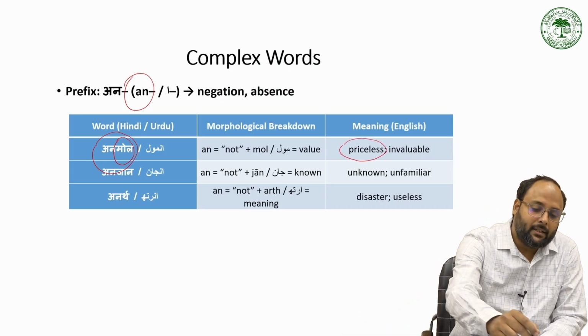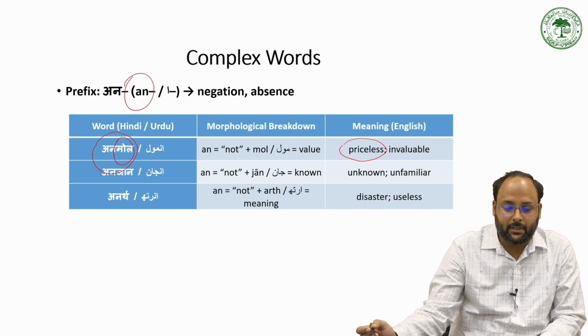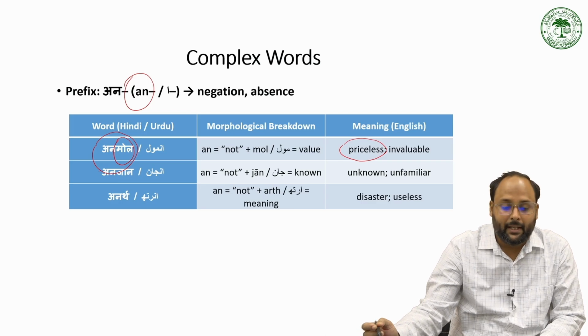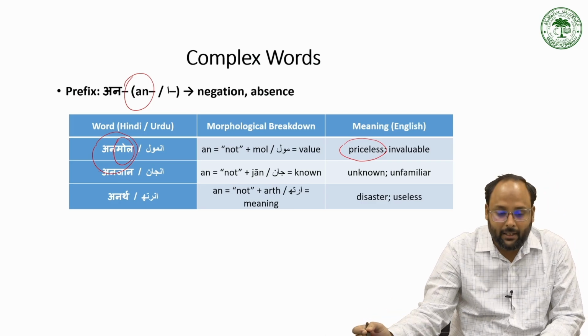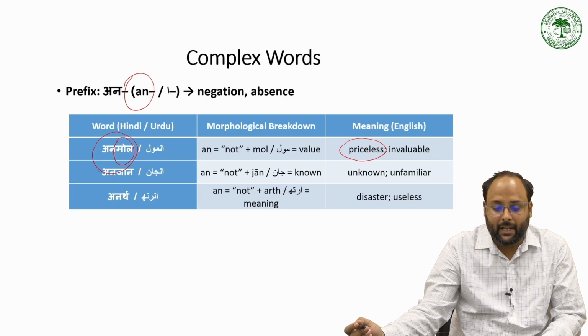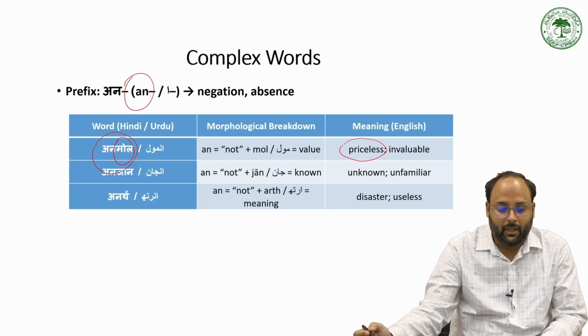In anjan, an is the prefix and jan is the root word. So in this situation, an gives the meaning of absence or negation. In the word unearth, un is the prefix which gives the meaning of negation, and the word means disaster.